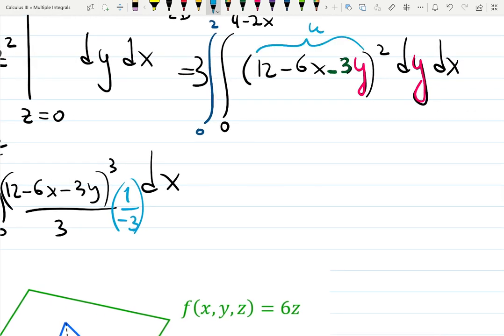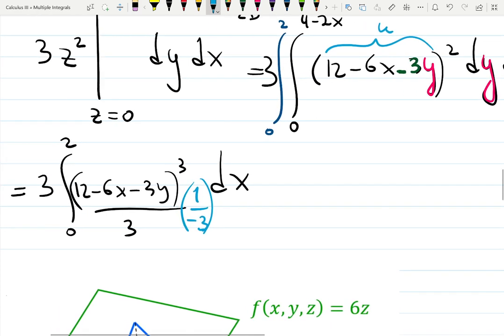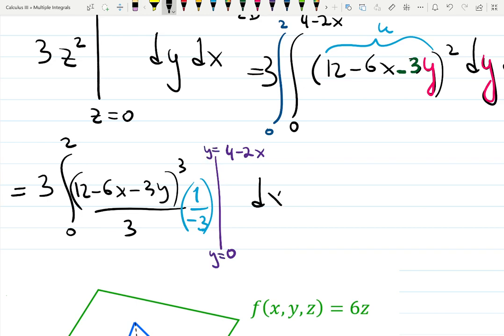This is u, du will be minus 3 pops out, so you divide by minus 3. That was the integral with respect to y, but that's not done. Bar, plugging 0 and 4 minus 2x. Since there are still 2 variables, maybe it's helpful to write down y equals 0 and y equals 4 minus 2x. The x's keep waiting for their turn.